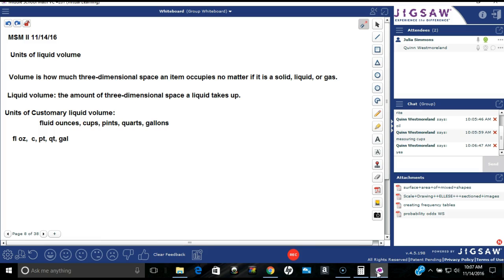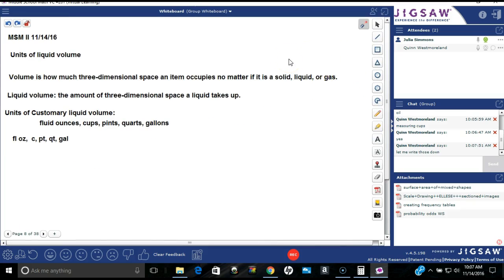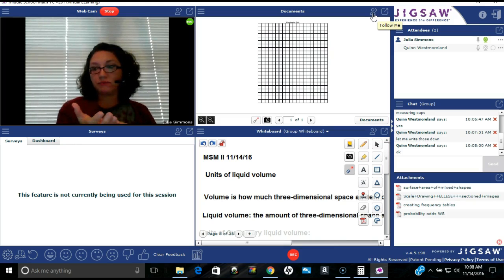Now, a fluid ounce. Oh, hold on. Let me make that bigger again. Sorry. Go ahead, and let me know when you're ready. Okay. So if you were to measure something with a fluid ounce, a fluid ounce is very small.